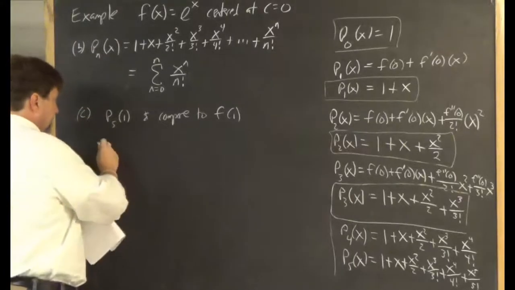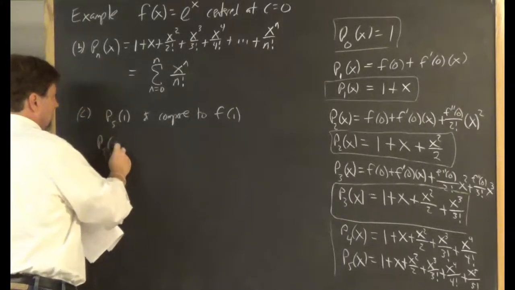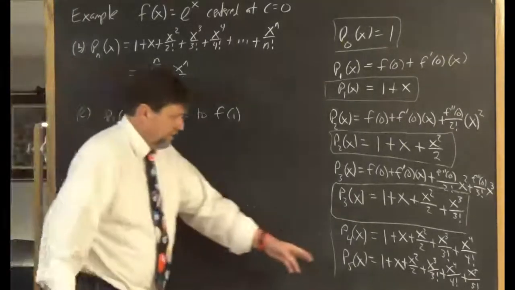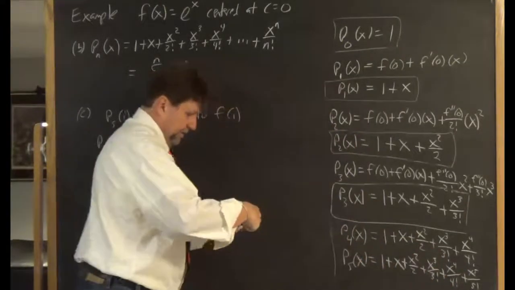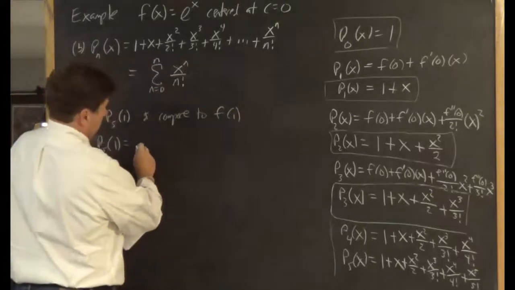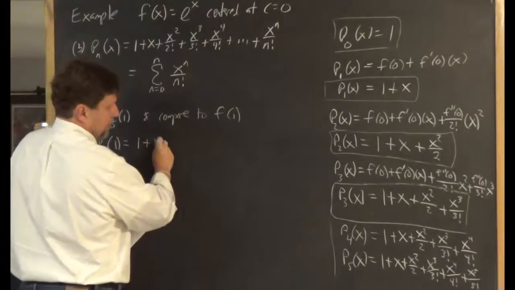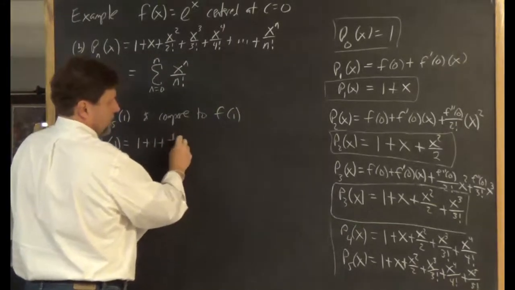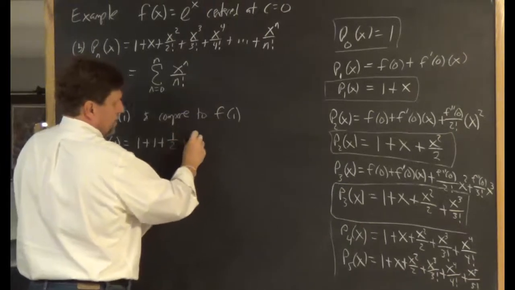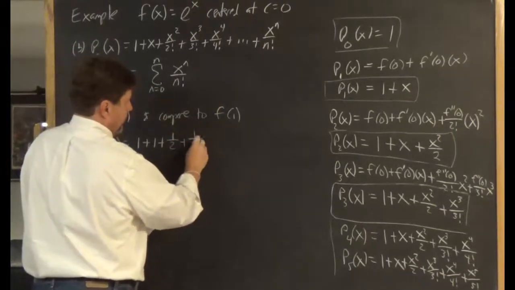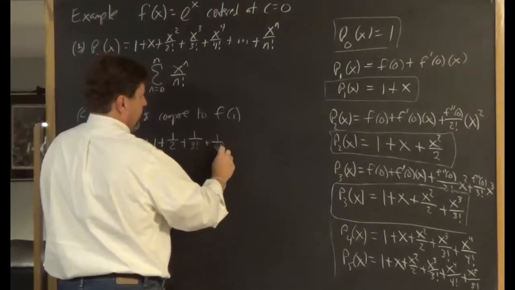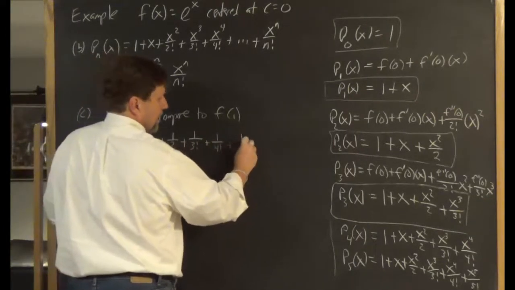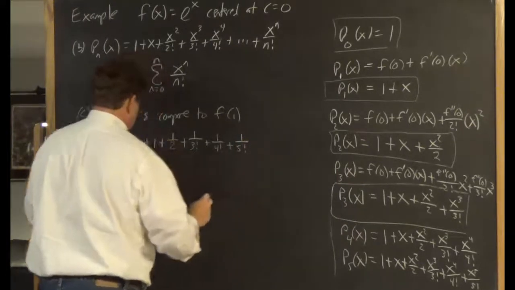So when I do p sub 5 of 1, well, this is my polynomial, so I'm just putting a 1 in for all the x's. So literally I would have a 1 plus a 1 plus 1 squared over 2 plus 1 cubed over 3 factorial plus 1 to the fourth over 4 factorial plus 1 to the fifth over 5 factorial.